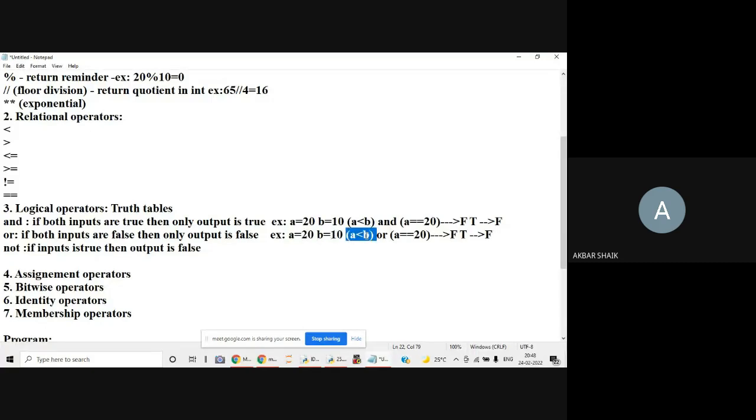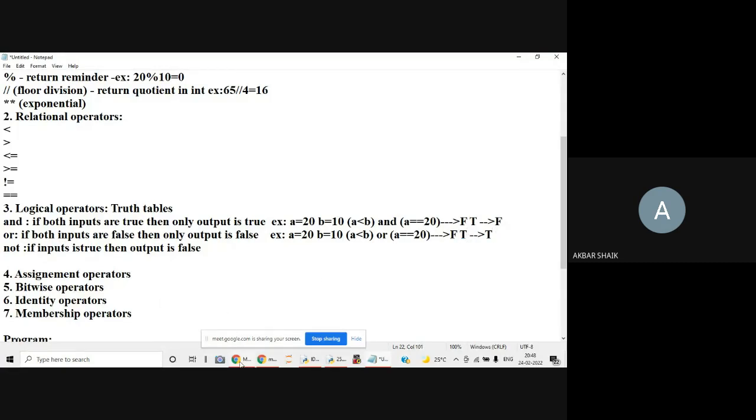A less than B, that is 20 less than 10, or 20 equals 20. So 20 less than 10 is false, and 20 equals 20 is true. So what about OR? If anything is true, obviously output is true. Because in OR, if both are false, then only output is false. But here one is true. So that's why if one thing is true, then obviously output is true.